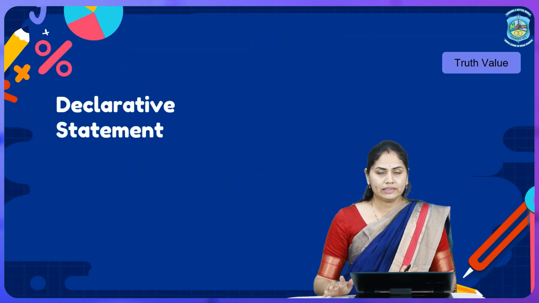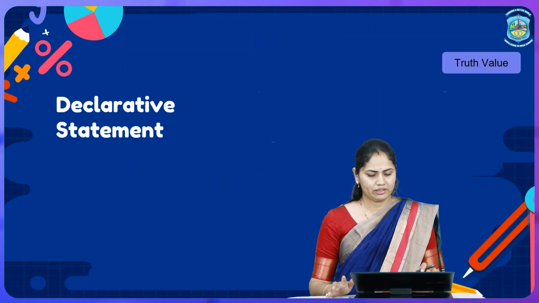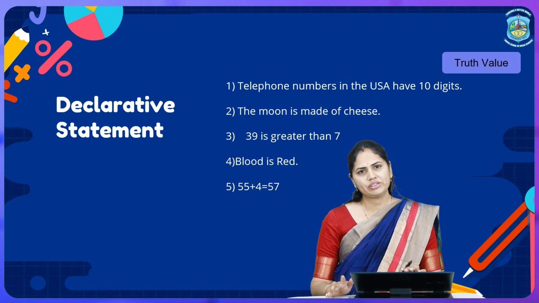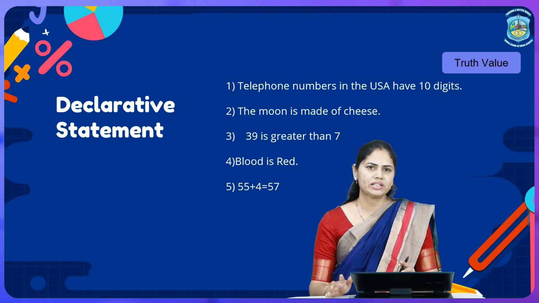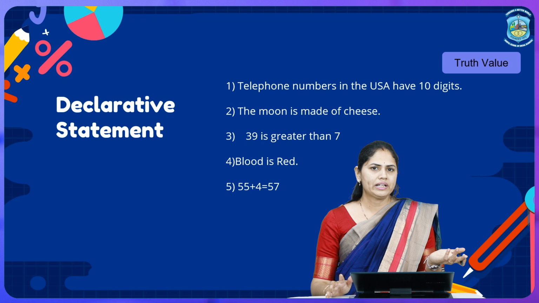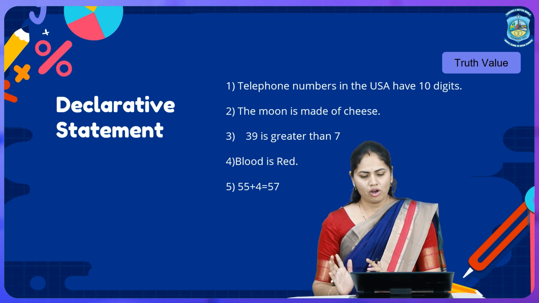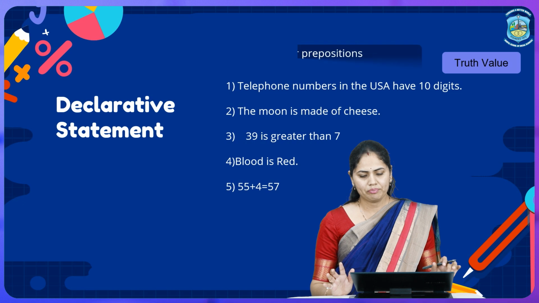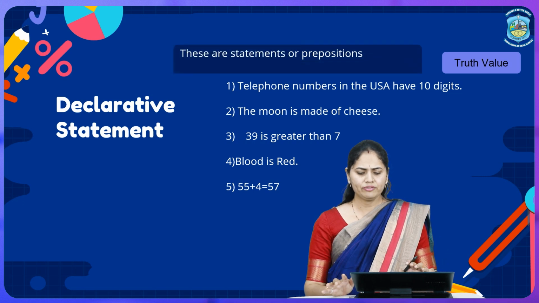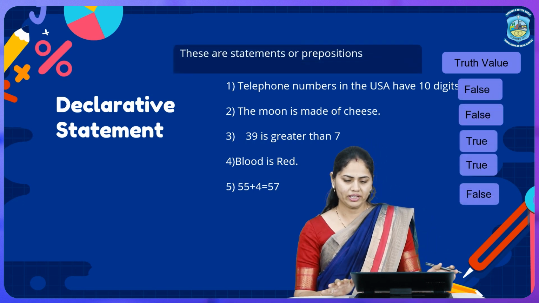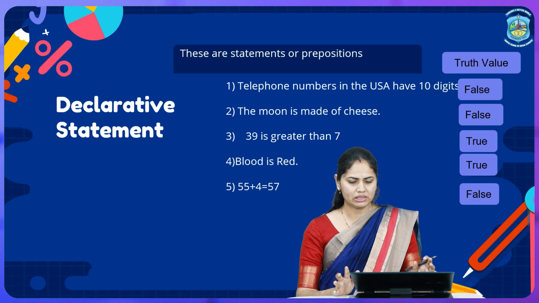Now, another is declarative statement. Here also we have some examples of declarative statements. A declarative sentence should have a truth value. Truth value can be either true or false. So, these are some propositions. Telephone numbers in USA have 10 digits, its truth value is false.